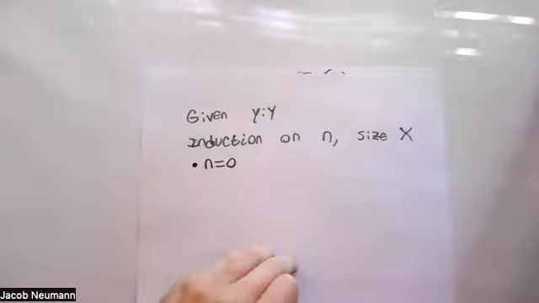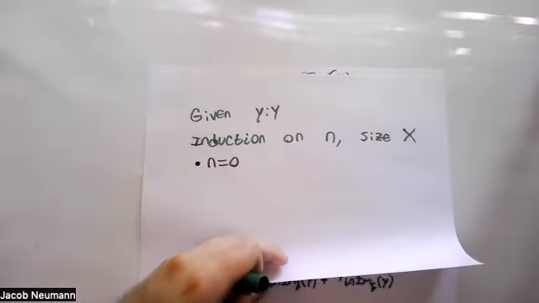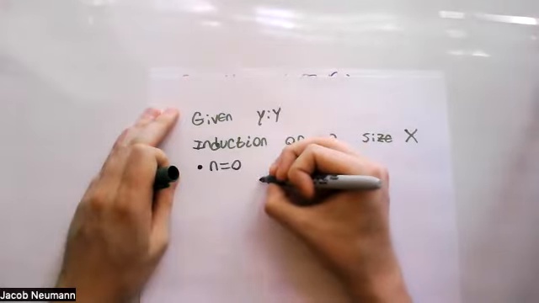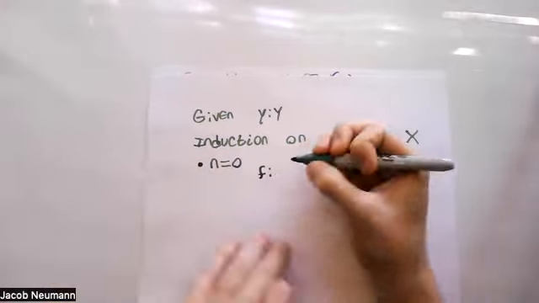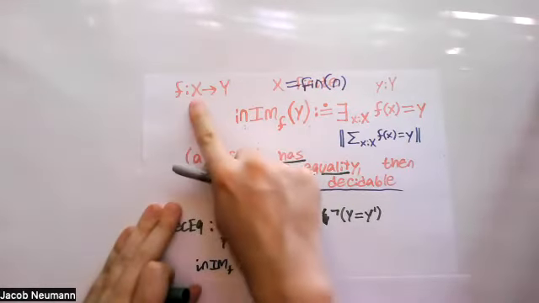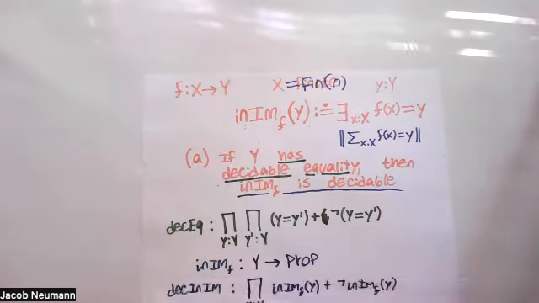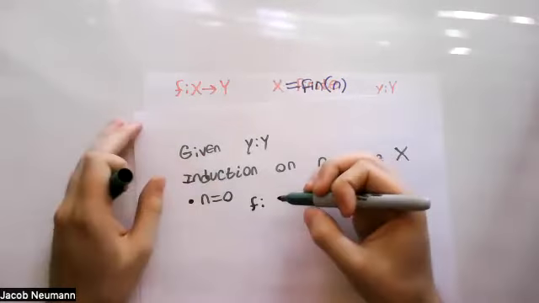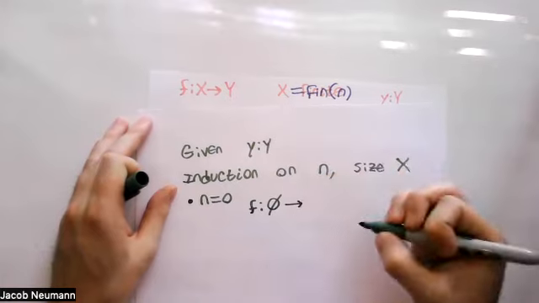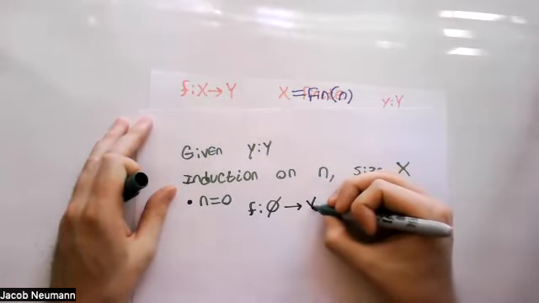If n equals 0, then our f, remember f goes from Fin n, which is X, into Y. And so f goes from Fin 0, which is the empty type, into Y.